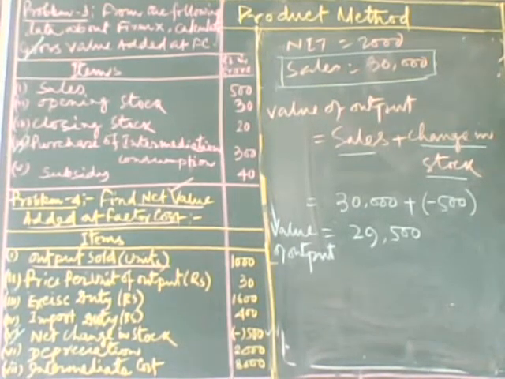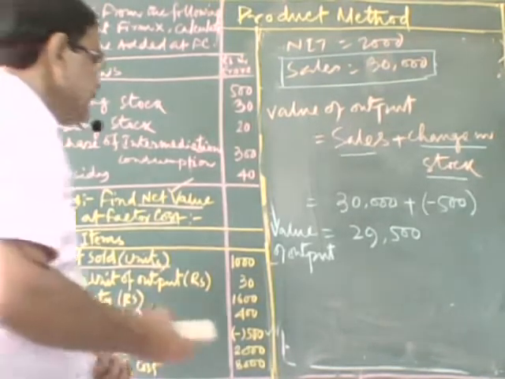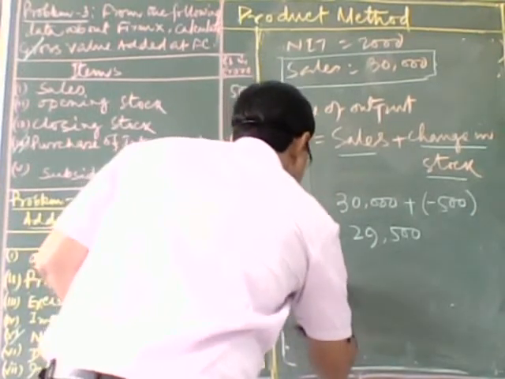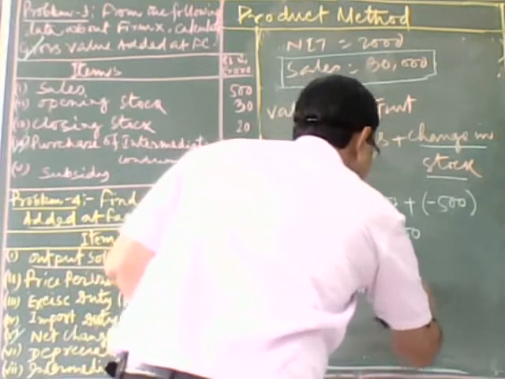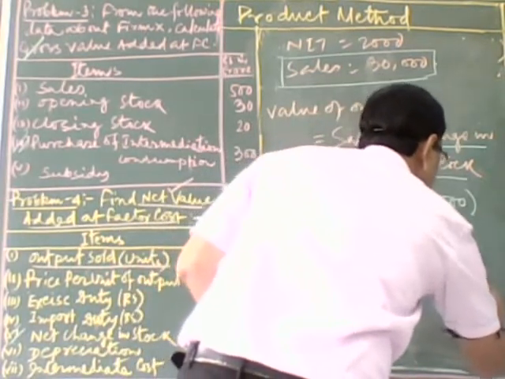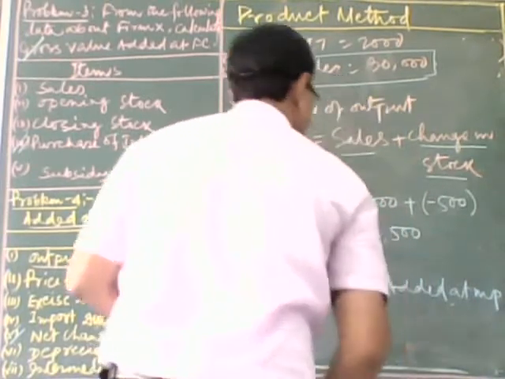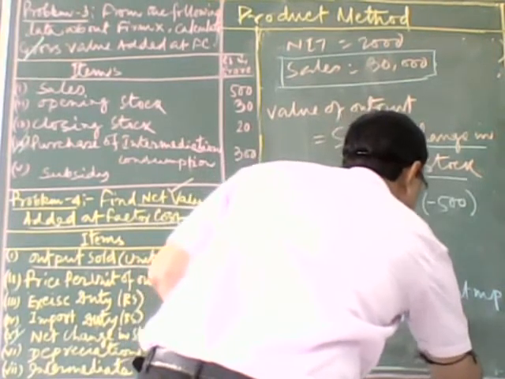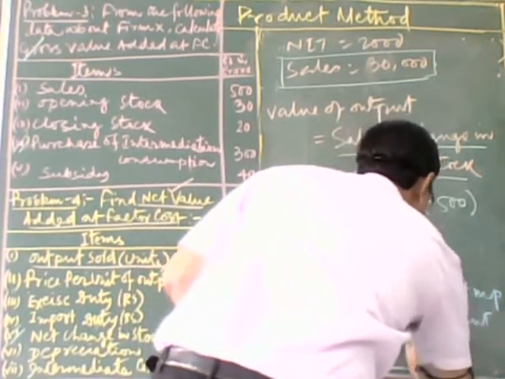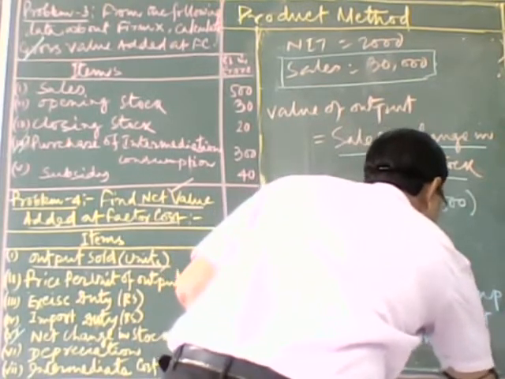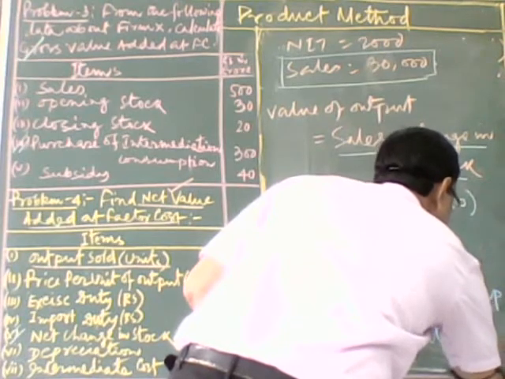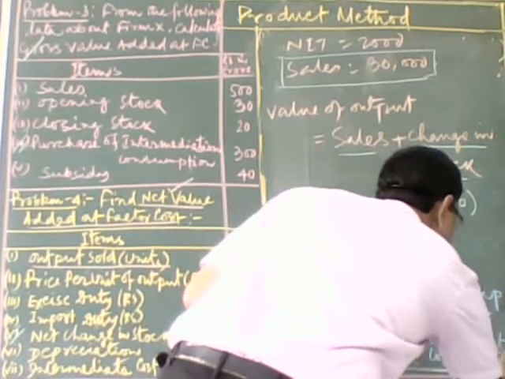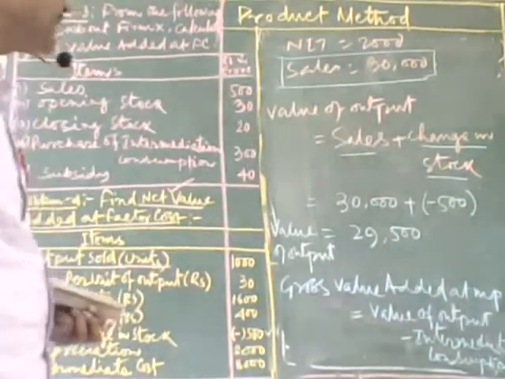Therefore, gross value added at market price, GVA at MP, is equal to value of output minus intermediate consumption.